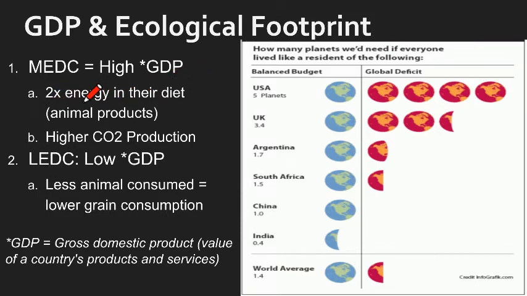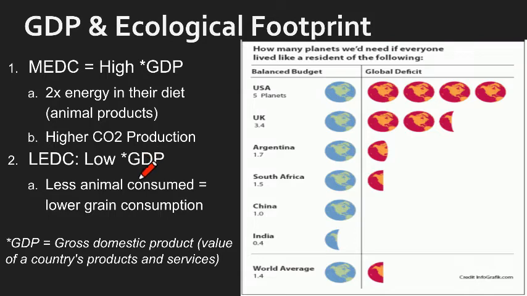Their affluence, their amount of consumption per person, is 2 times the energy in their diet as an LEDC nation. And typically animal products are much higher in consumption. Coming with that is higher use of energy, which creates greater CO2 production as far as pollution goes.